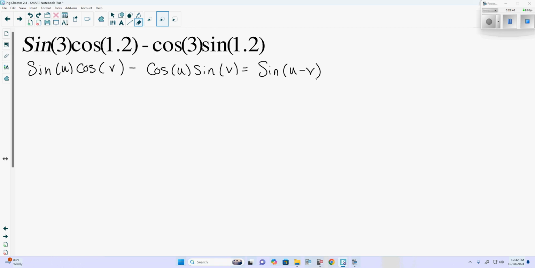This is just our difference formula for sine. And it's telling me that u is 3 and v is 1.2. So really what we have is sine of 3 minus 1.2, which is sine of 1.8.